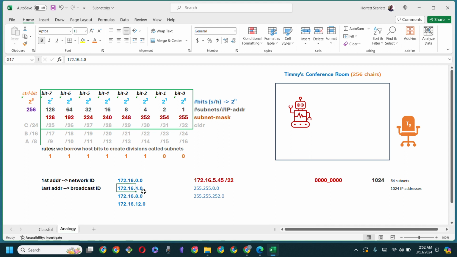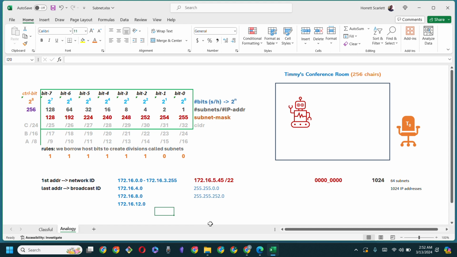It means that we need to subtract 1 from this to determine what the ending range up here is going to be. So we know it goes to 172.16, and then we need to determine what is one IP address before 172.16.4.0. So this is going to be .3.255.